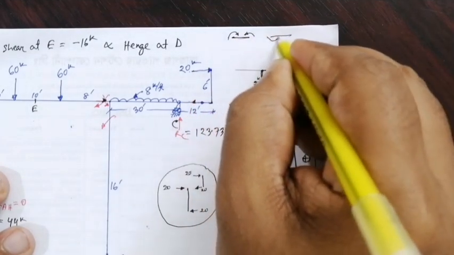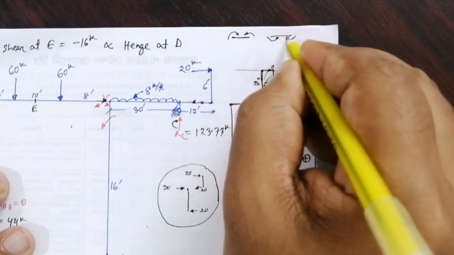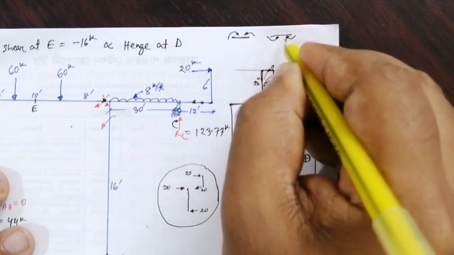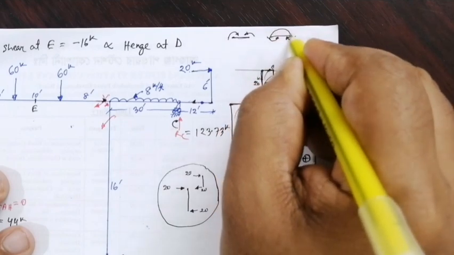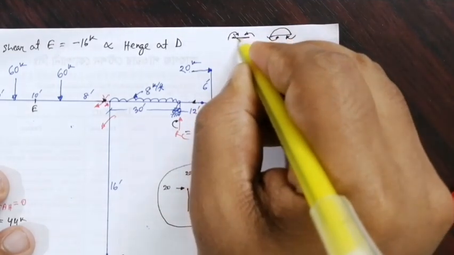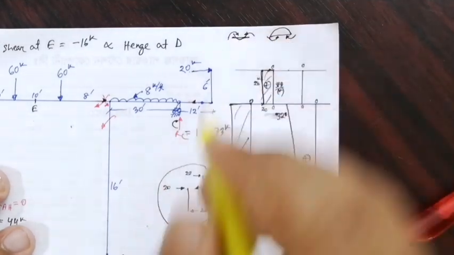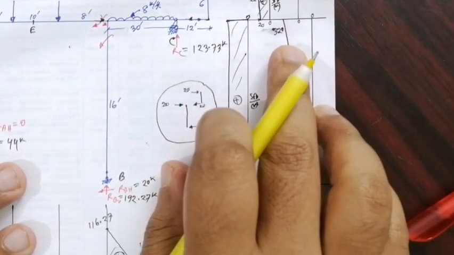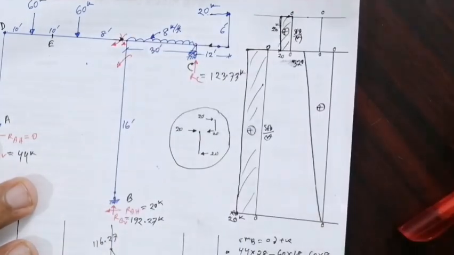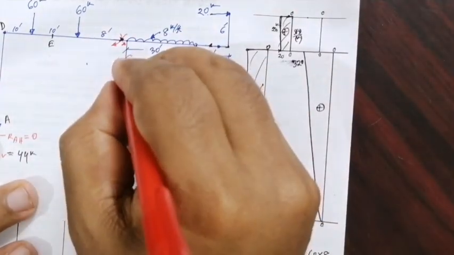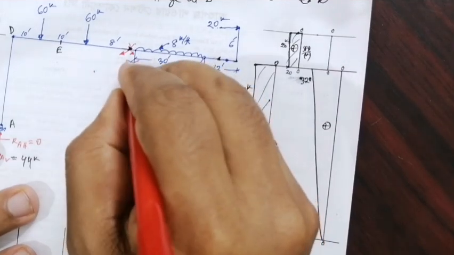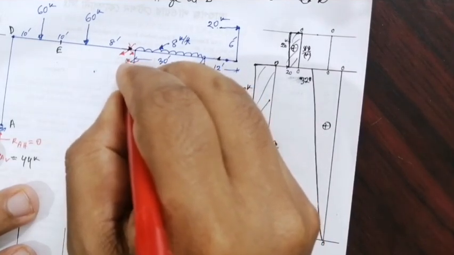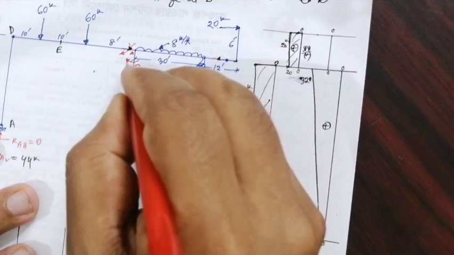And if the moment acts this way and this way, this is negative, because this type of moment tends to bend the beam like this and this type tends to bend the beam like this. So this is positive, and it acts this way on this member.